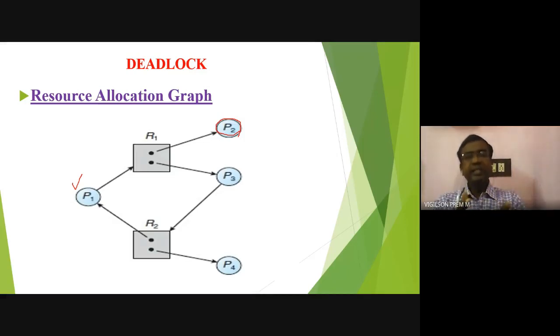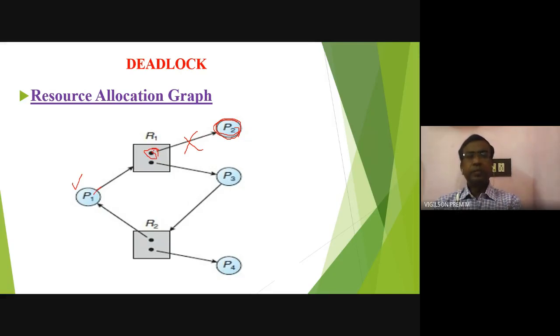So once printing is completed, it will release the resource. Once P2 completes its work with R1, it will release one instance of R1, so this will become free.